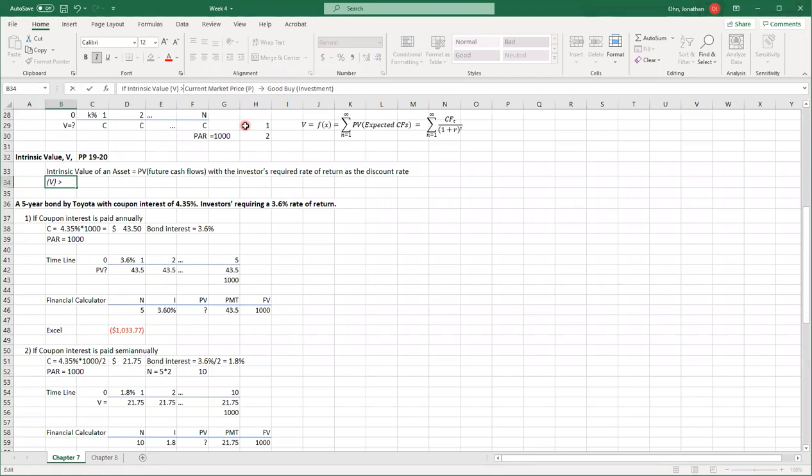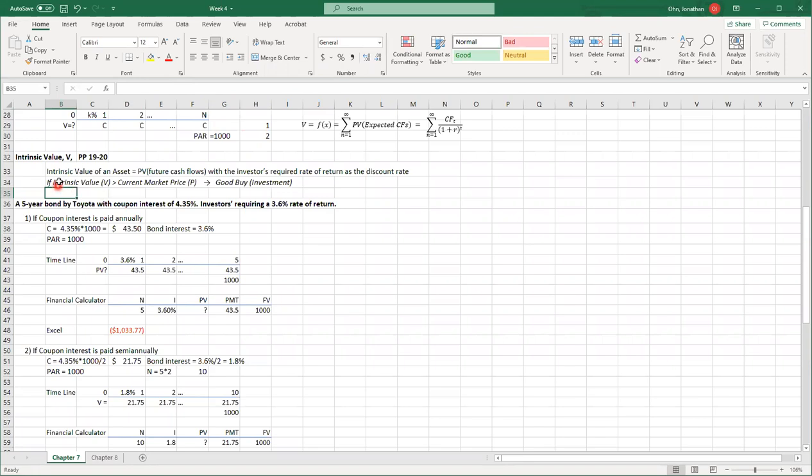Change the direction this way. Okay, change that in your Excel. Now, if intrinsic value is greater than the current market price, then that's a good price. Let me explain.